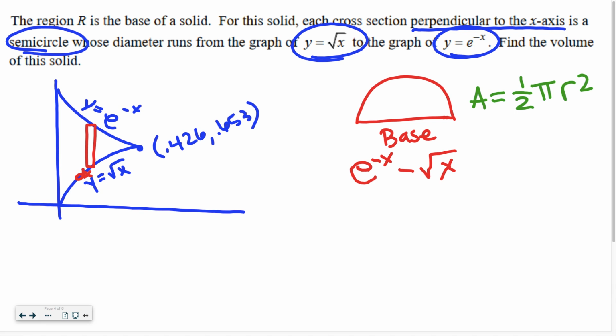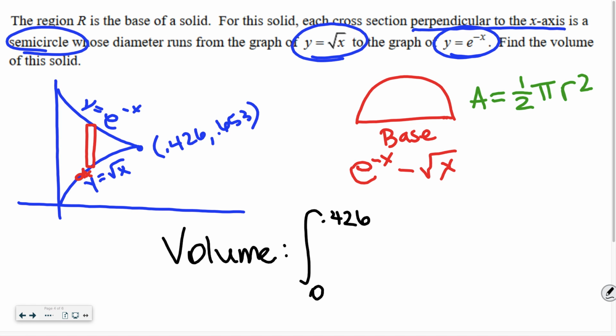So when we set up the volume of our slices, we have the integral from 0 to 0.426. Inside, we need 1/2 pi r squared, because that's the area of a semicircle. Is r e to the negative x minus radical x?